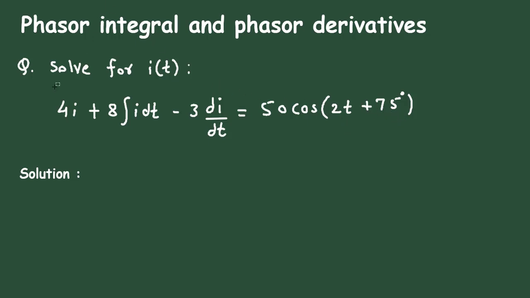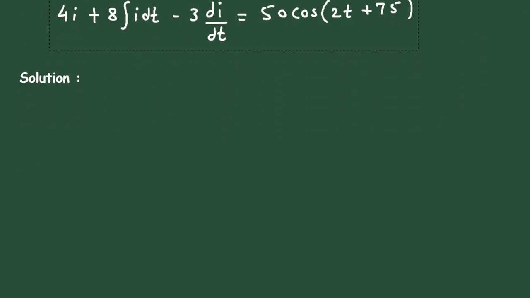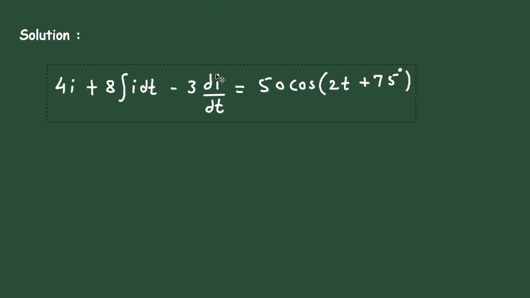So let's write it. Let's copy this equation first. So here we can write, this is the voltage drop across the resistor.